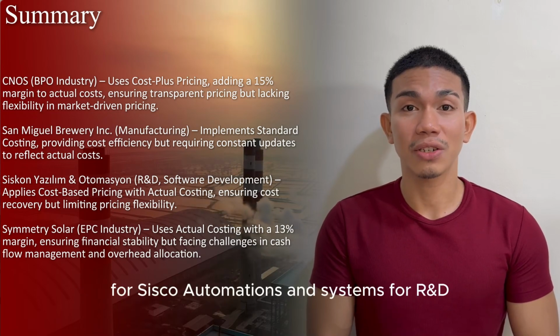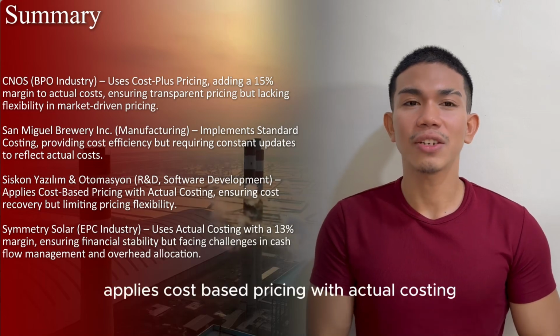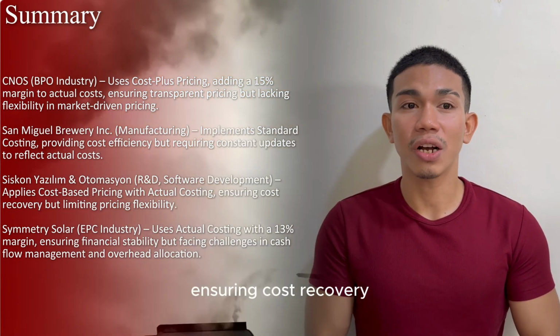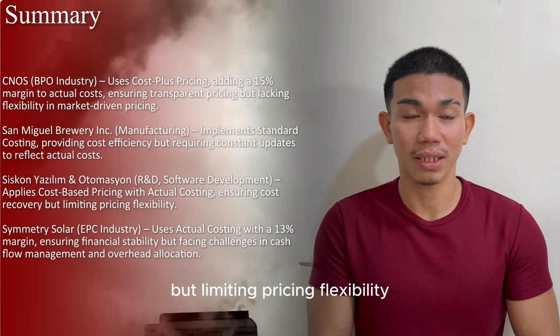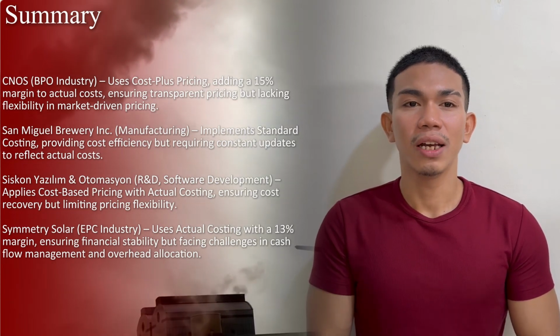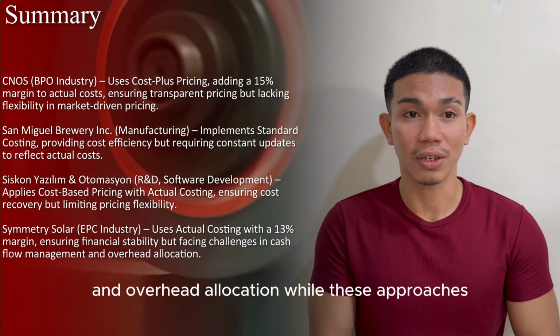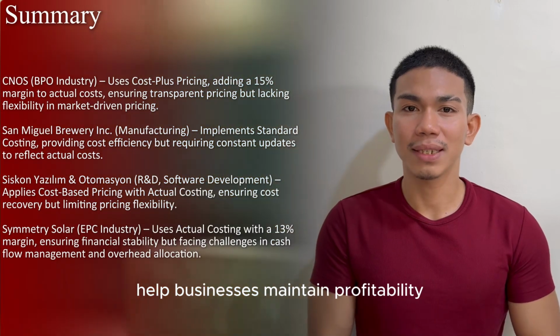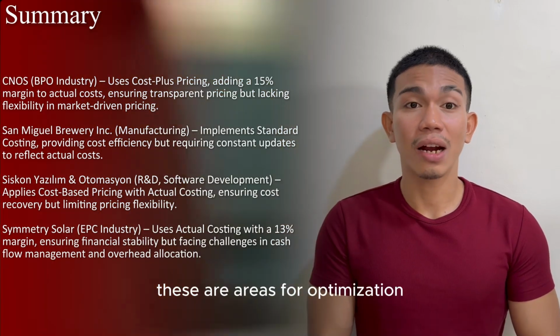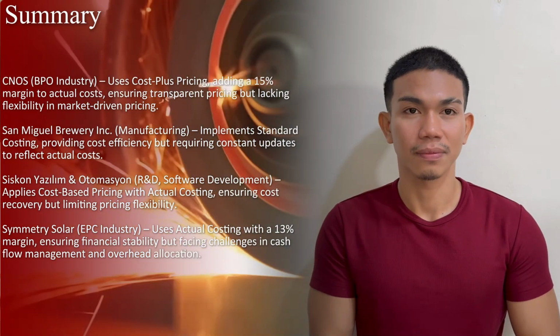Cisco Automations and Systems, for R&D software development, applies cost-based pricing with actual costing, ensuring cost recovery but limiting pricing flexibility. Symmetry Solar uses actual costing with 30% margin, ensuring financial stability but facing challenges in cash flow management and overhead allocation. While these approaches help businesses maintain profitability, there are areas for optimization to improve financial efficiency and competitiveness.